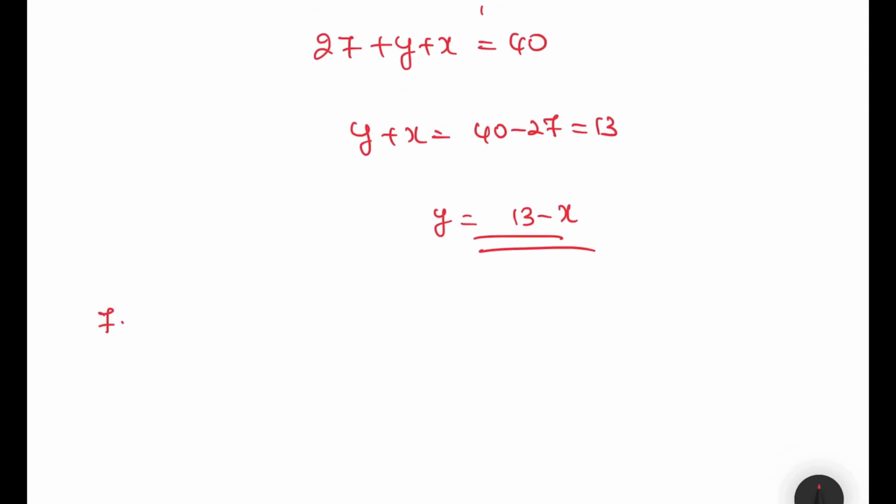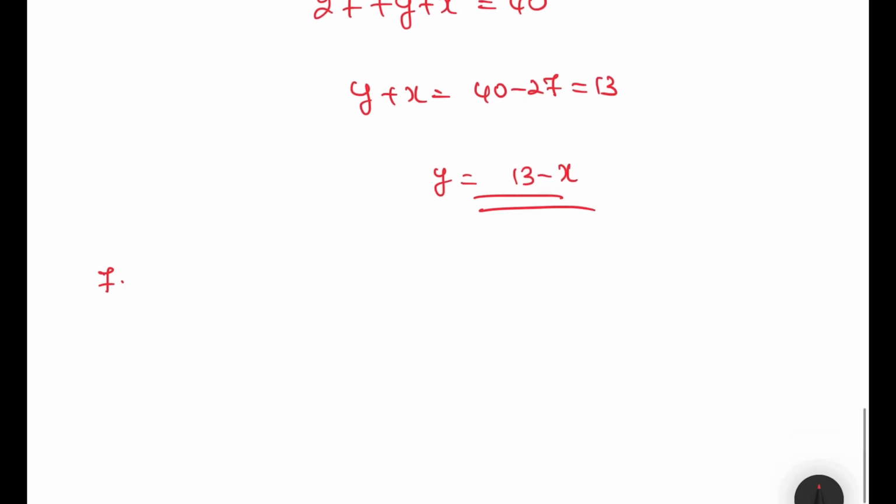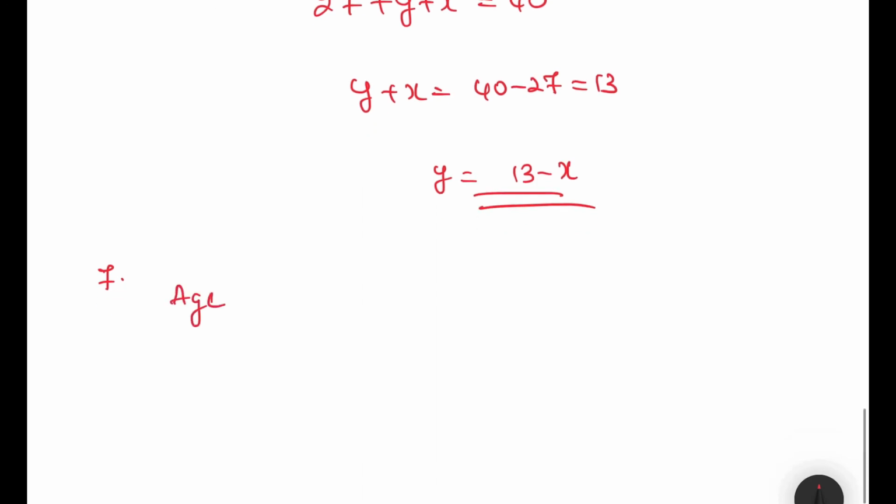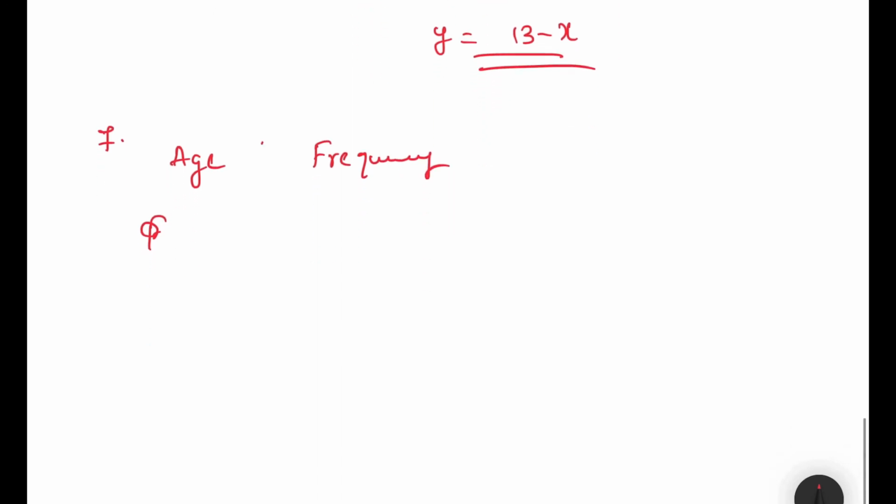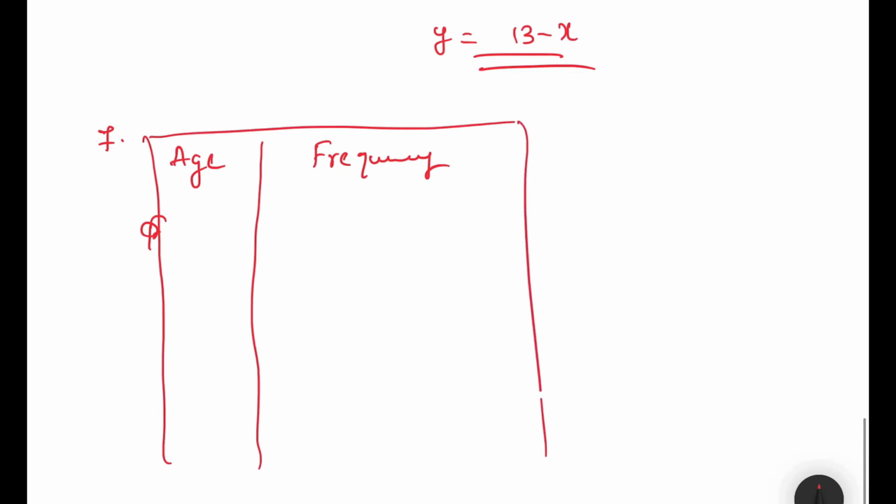Okay, so let me do the seventh mean now. For tabulated data, the ages of 40 students are given in the following table. So age and frequency is given. Let me write the table in the other form. I'll give an idea how to solve these questions. When we have such questions, you will write it in tabulated form like this.